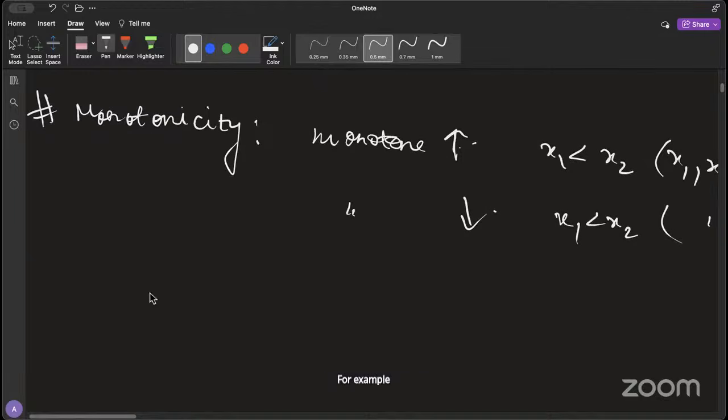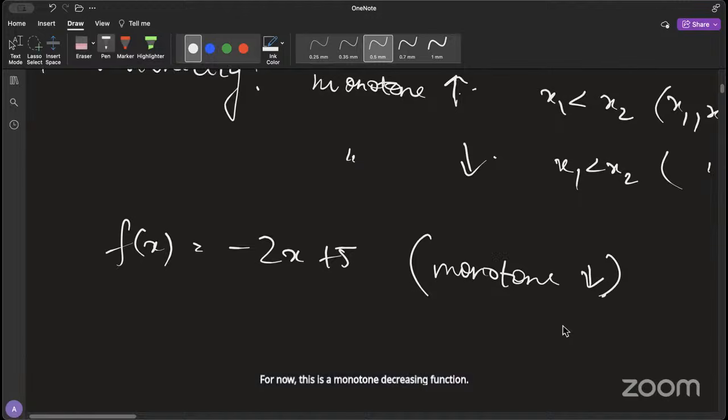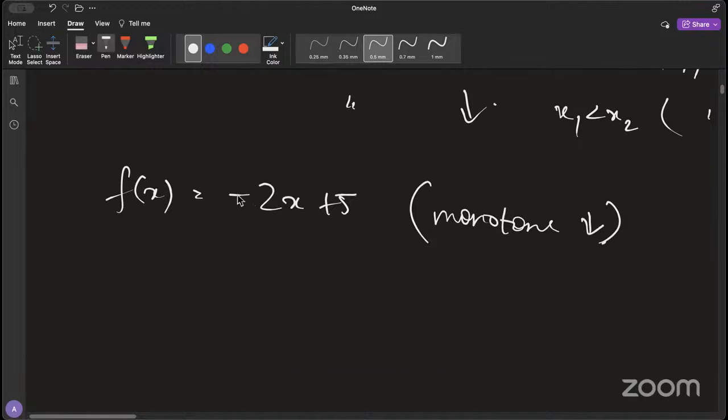For example, if you have f(x) = -2x + 5, then this is a monotone decreasing function. You can check by plotting this. How do we know this? We can simply see the sign of the slope.